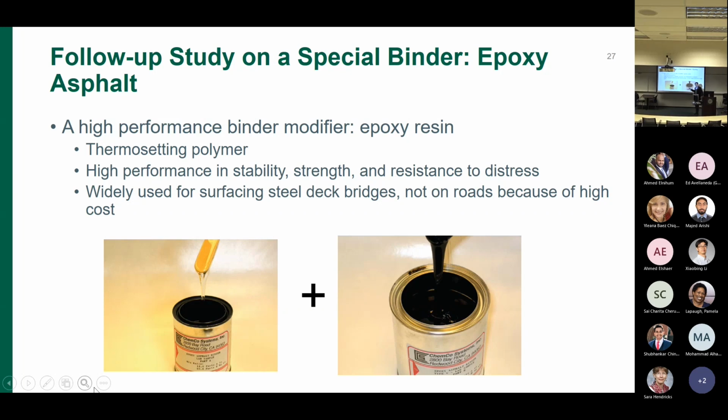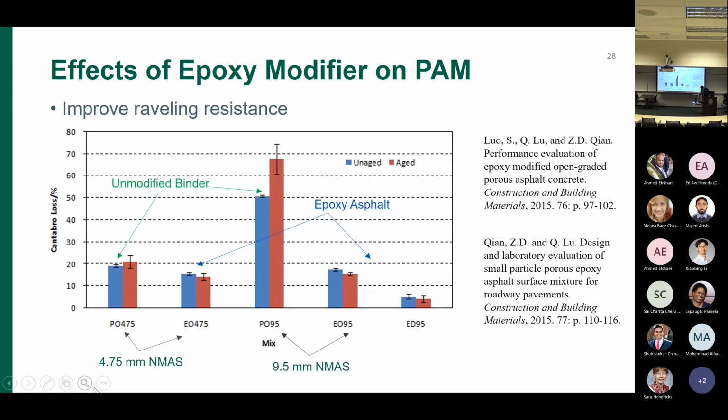But it was primarily used in the last two decades in East Asian countries like China and Korea and some other countries. But it has not been widely used on roadway pavements, mainly because of the high cost of this material. Okay. But we do want to extend the application of the epoxy asphalt to roadway pavements.